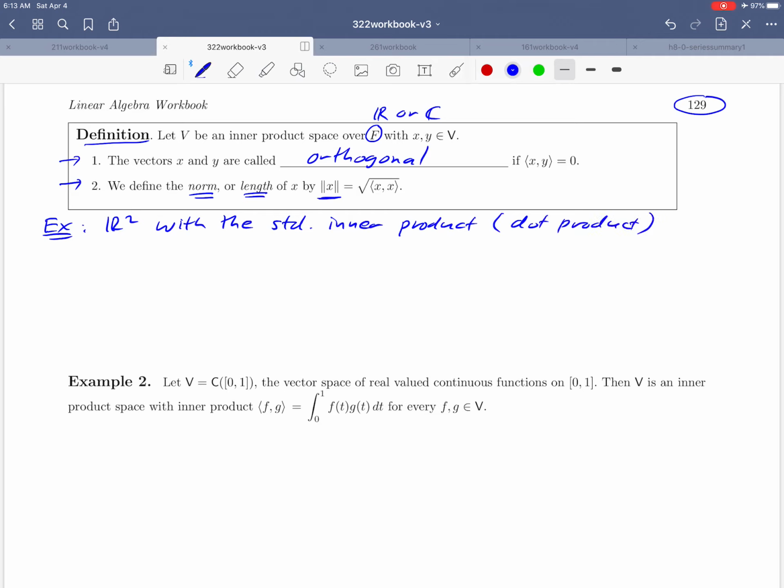I want to invent two vectors here and just take their dot product, just to give you an example. So what if we took the dot product of (3, 1) with (-1, 3)? Well by definition, that's just 3 times negative 1 plus 1 times 3. That's equal to 0, and so this calculation confirms that those two vectors are orthogonal.